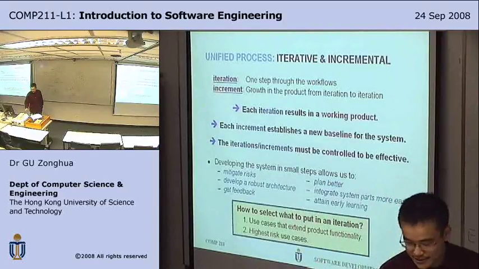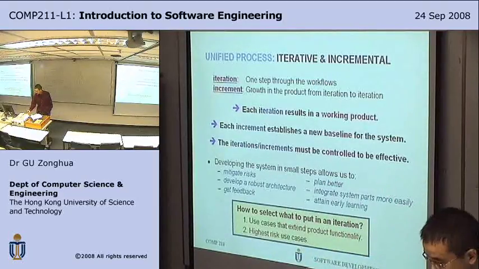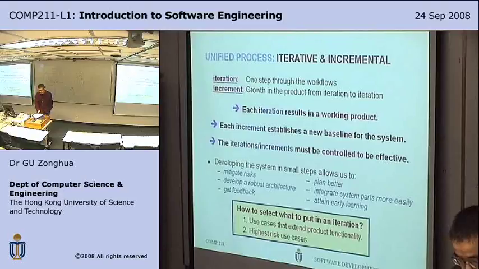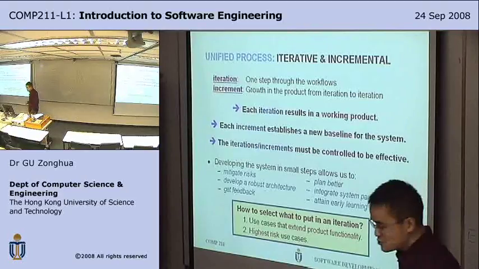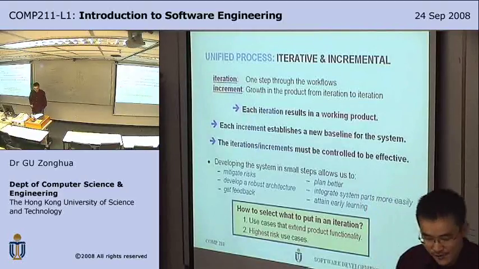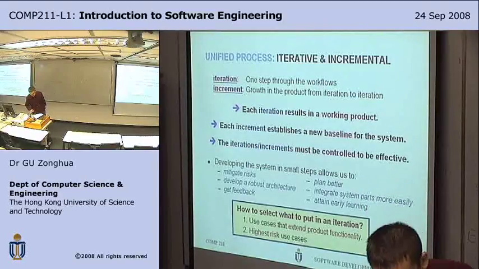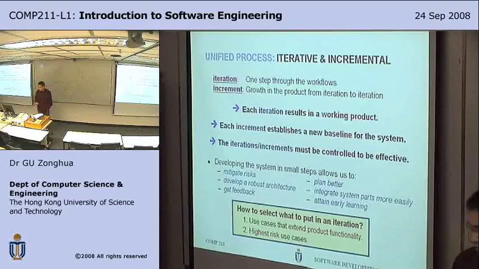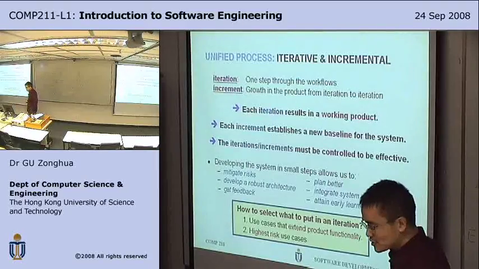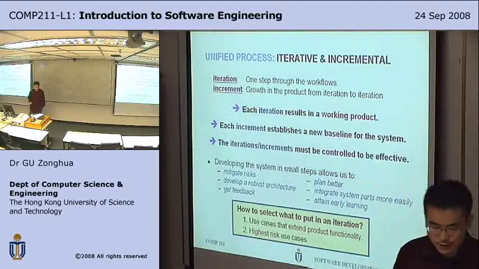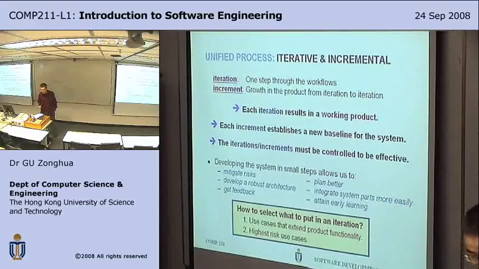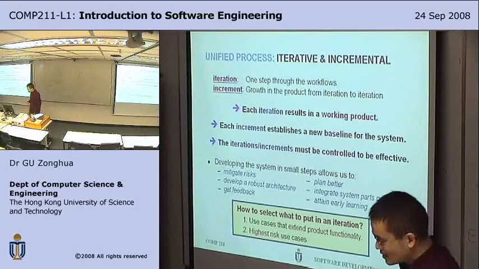So how to select what to put into an iteration? Use cases that extend product functionality, and highest risk use cases. So you focus on the highest risk use cases, do risk analysis, and mitigate risks early.